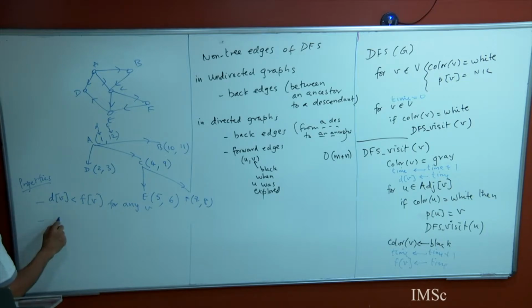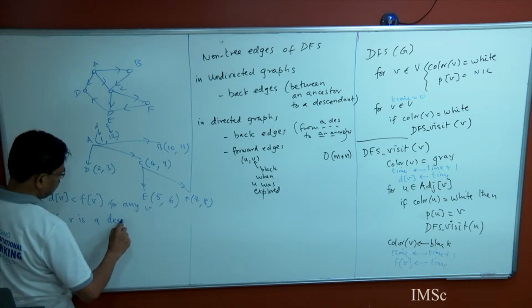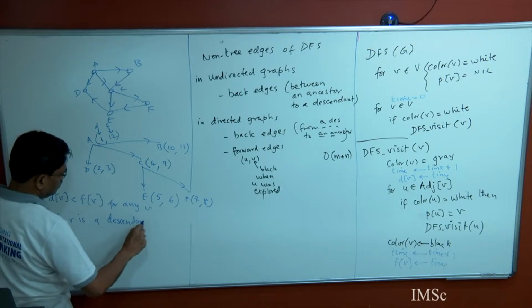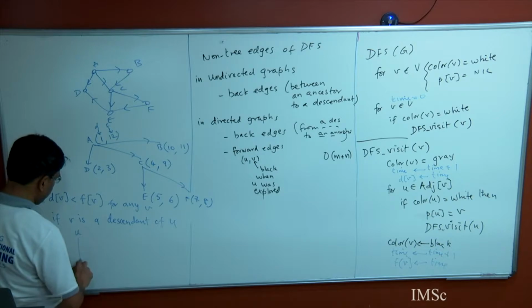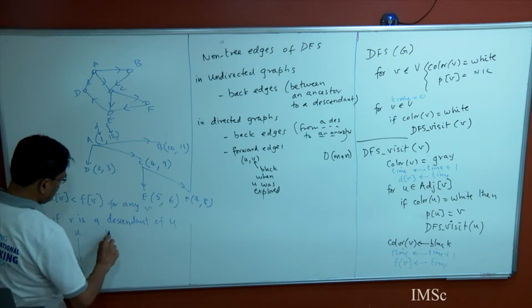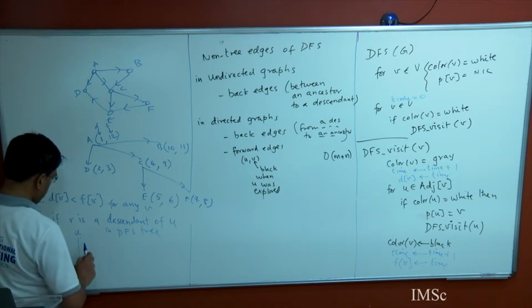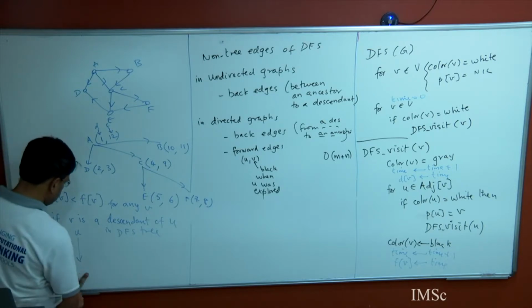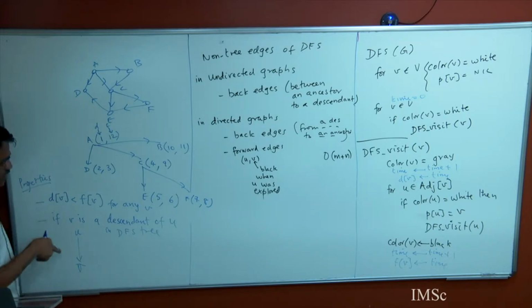And here is an interesting property. If V is a descendant of U in the DFS tree, then what can you say about their D and F values?